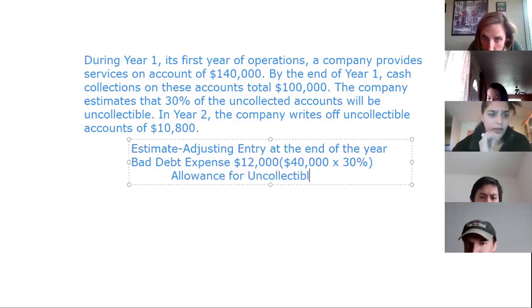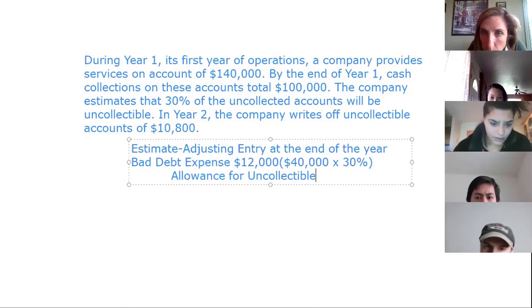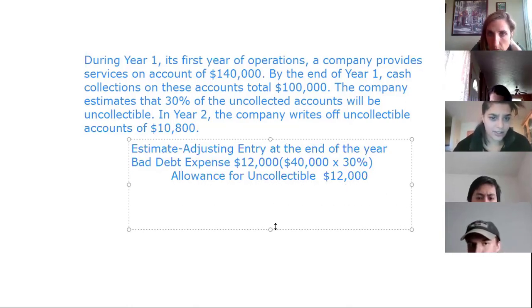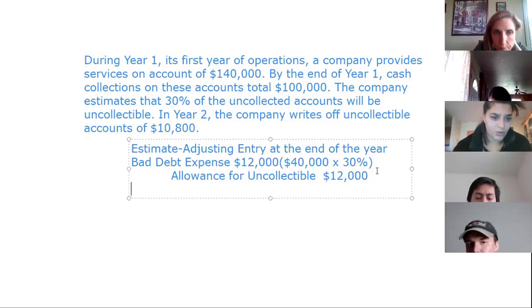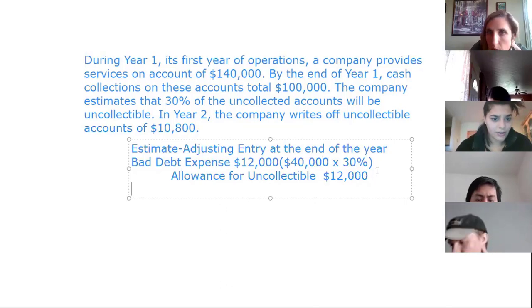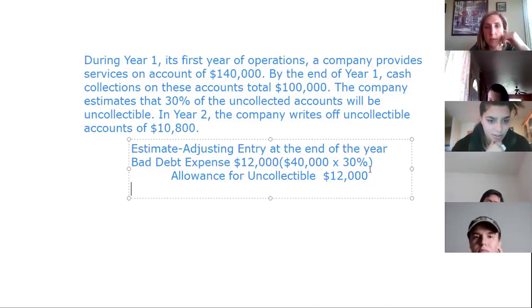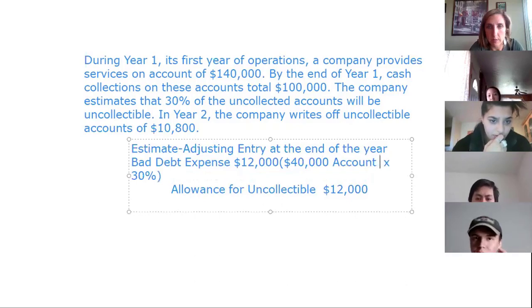So you did 140,000 minus the 100,000 to get the 40,000. Good. Correct? Yes. And then the 12,000 was the 30% estimate of the 40,000 that was still owed to me. Yeah. The 40,000 represents my accounts receivable balance. Okay.